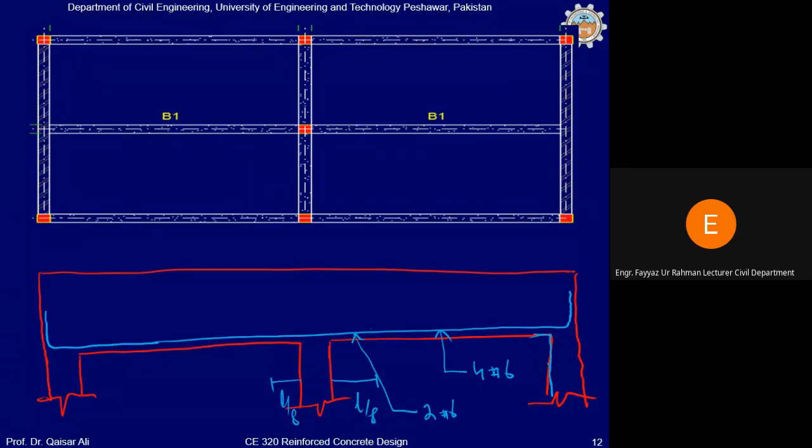But if you see at the continuous support, there will be no positive moment near the support. Clear? There will be negative moment. So that is why you can curtail the bars at the continuous support only. अब क्लियर है कि नहीं यहाँ तक?